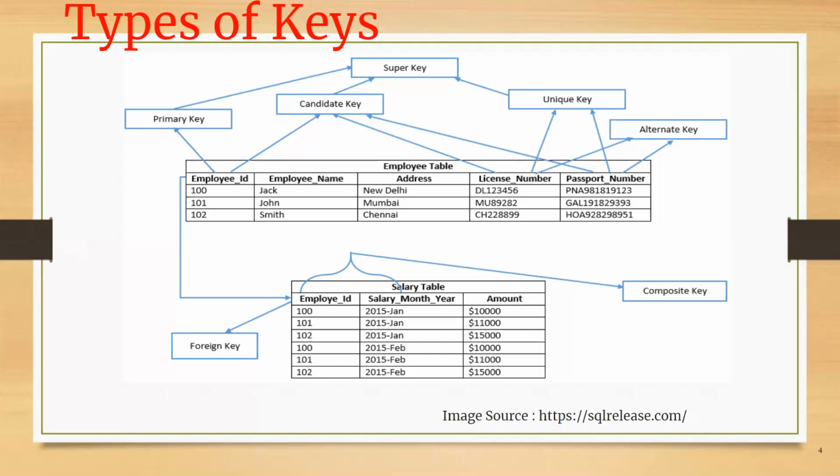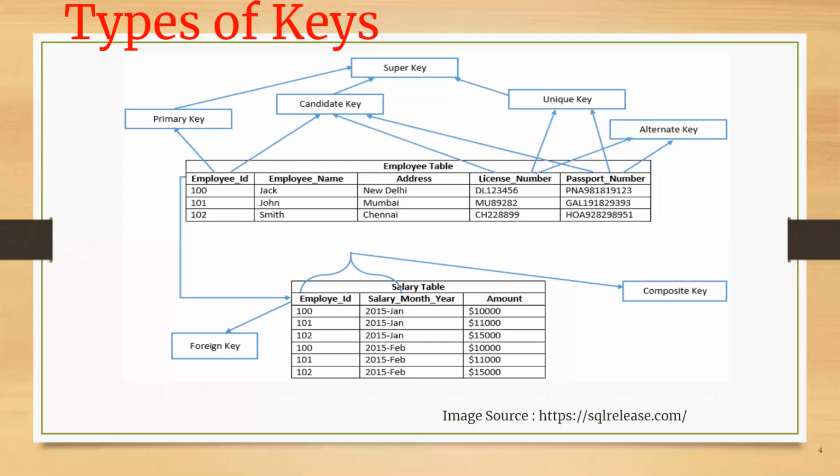Logically, if employee ID or salary month year columns work independently, then they cannot identify unique values. But if we create a composite key between these two, together they can be part of the composite key.